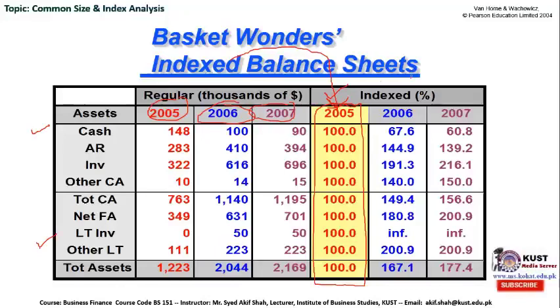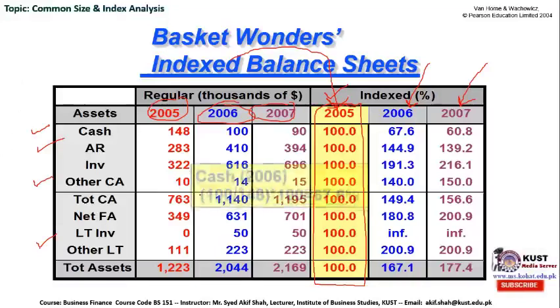In the year 2006, we can make an analysis of percentages, that either the company's cash position has reduced or it has increased. Similarly, what the account receivable position is over the period of 3 years with respect to year 2005 as base year. And similarly, we can see the other current assets trend as well.